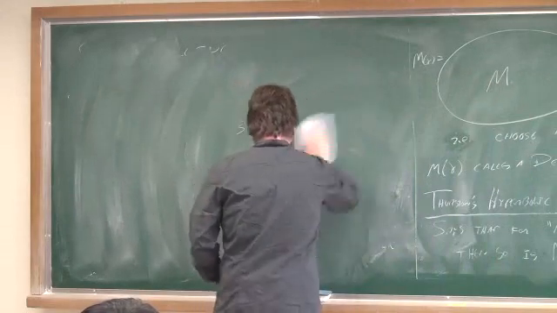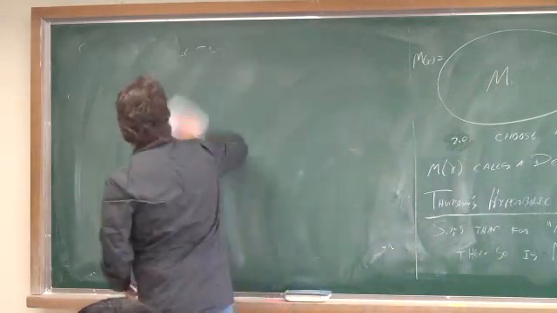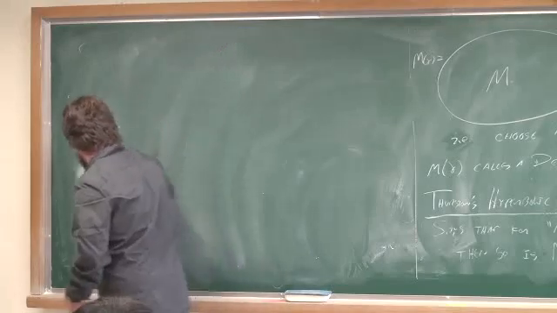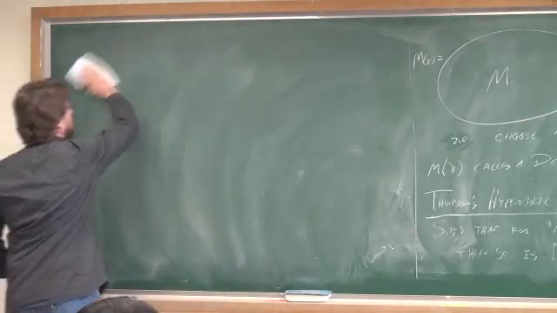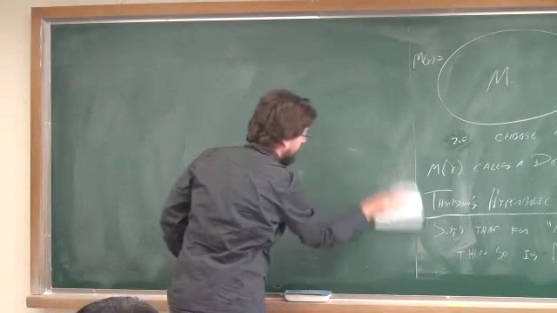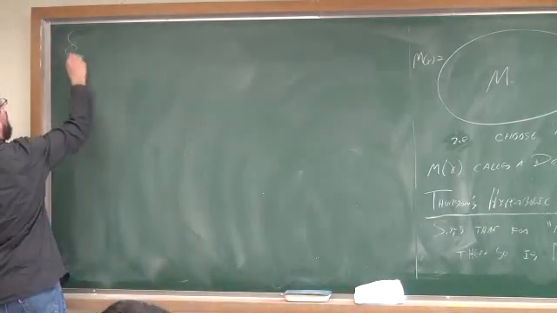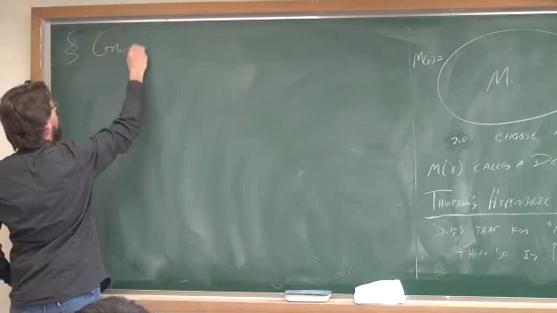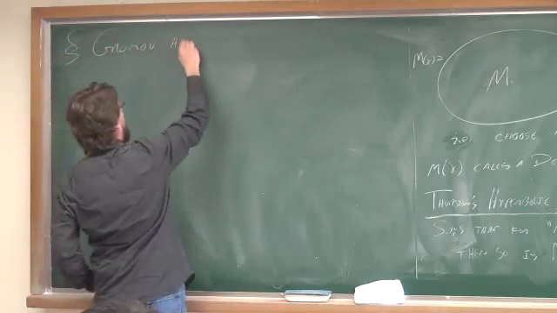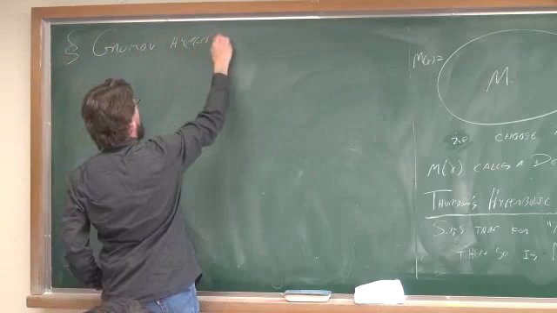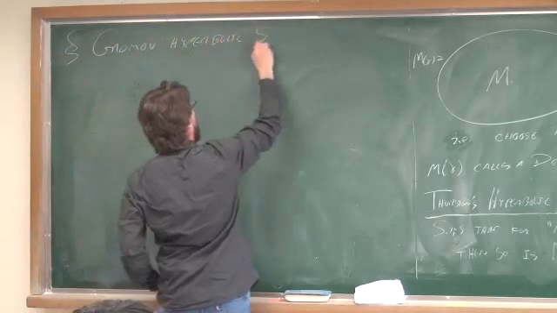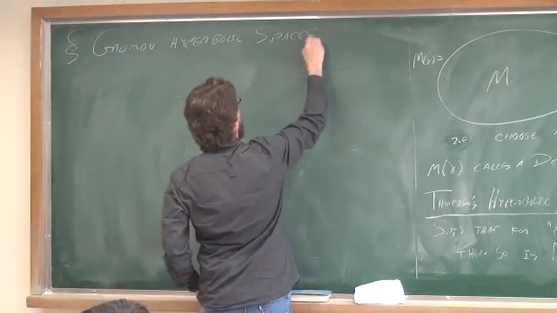So before I do that, let me just recall what it means for a metric space to be Gromov hyperbolic. So this is just Gromov hyperbolic spaces.